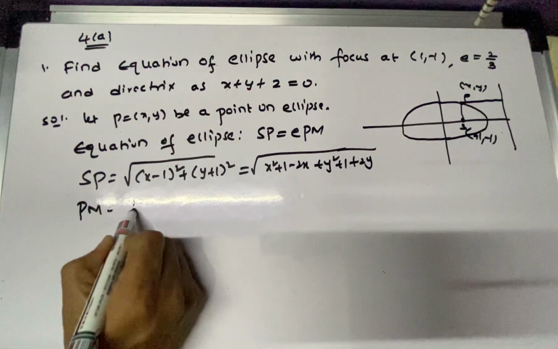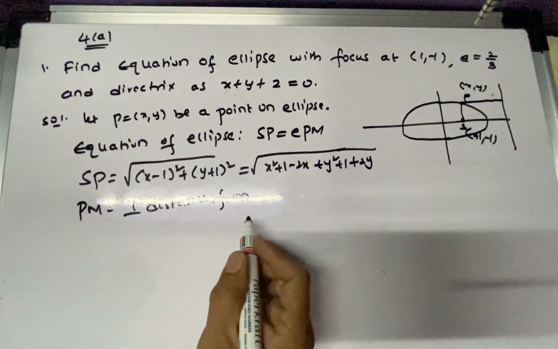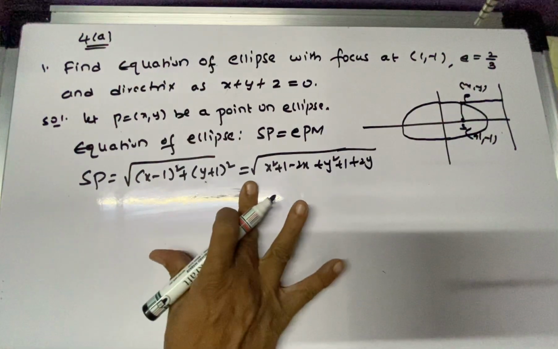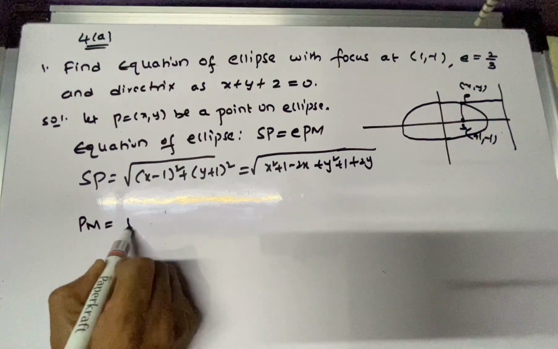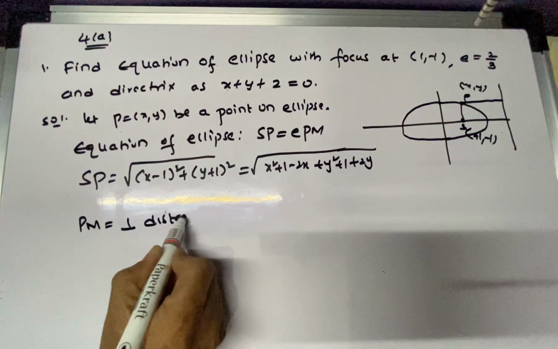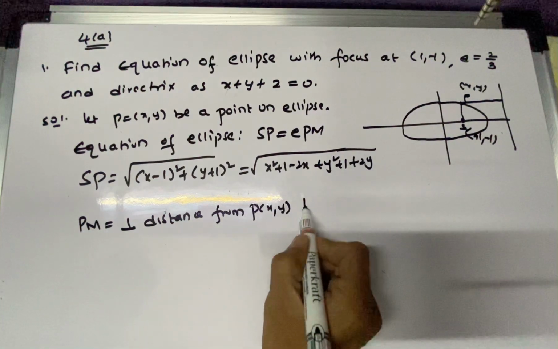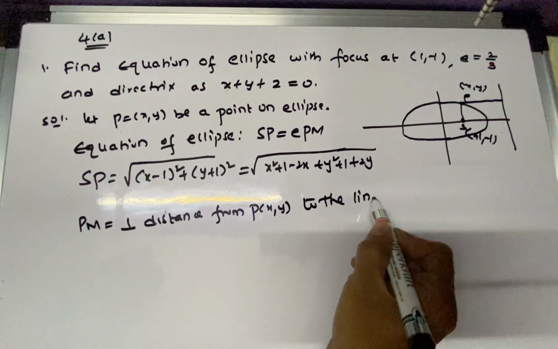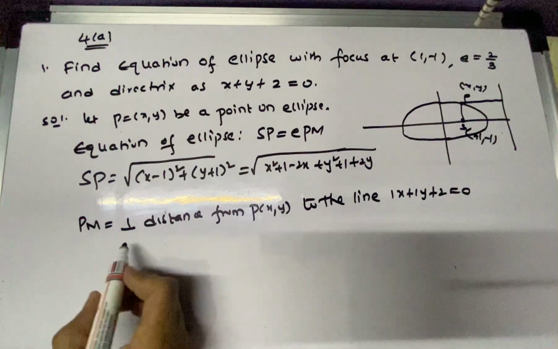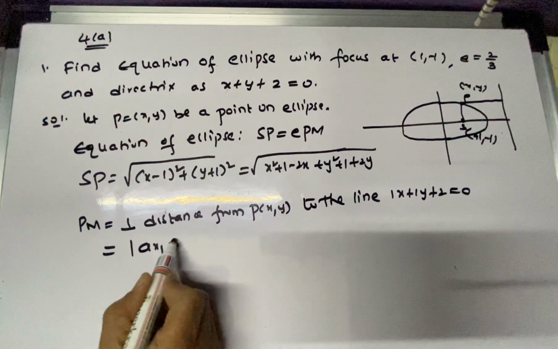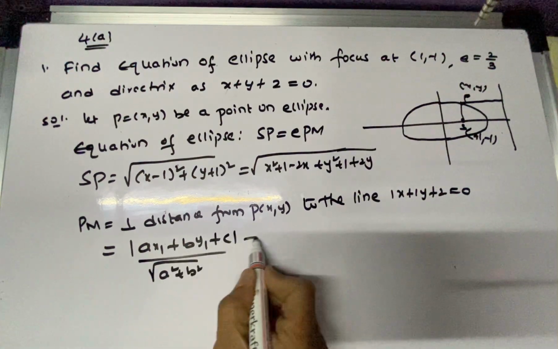PM is the perpendicular distance from P, x comma y, to the line x plus y plus 2 equals 0, which is ax1 plus by1 plus c by root over a square plus b square.